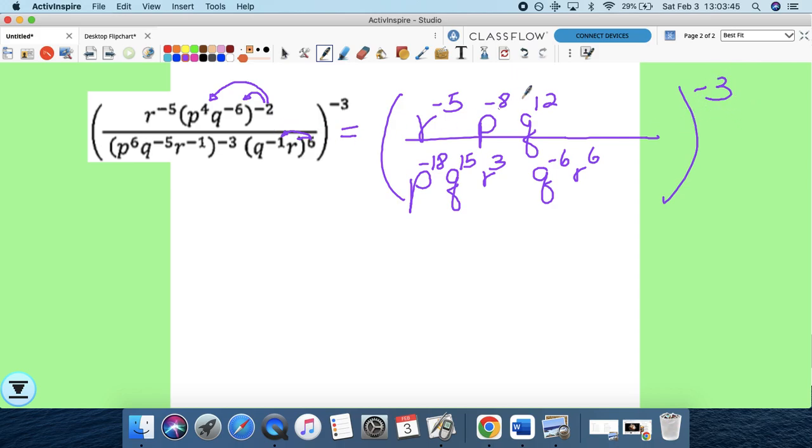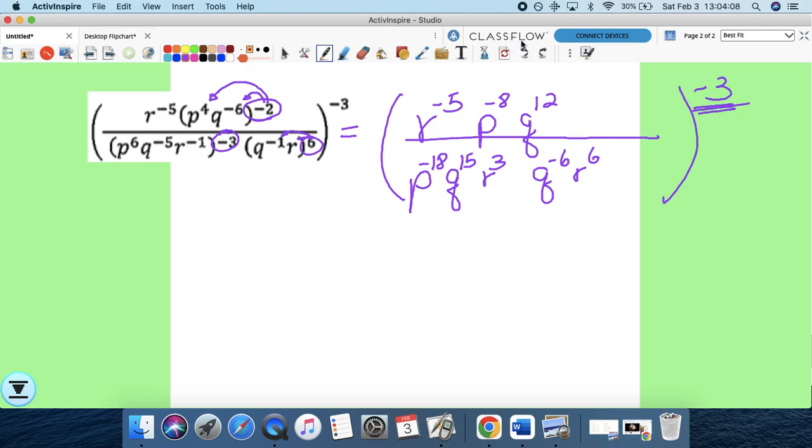Now, there are no parentheses inside. You took care of this, you took care of this, and you took care of that. That's what I'm trying to say. Now you can apply this guy here much more comfortably. You can do it two ways, right? You can change that -3 to a +3, and the numerator becomes the denominator and the denominator becomes the numerator.